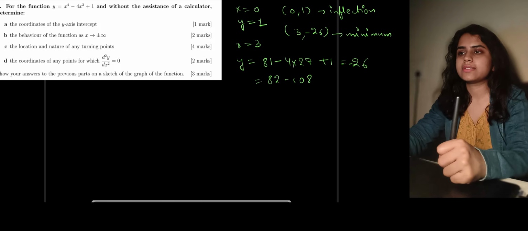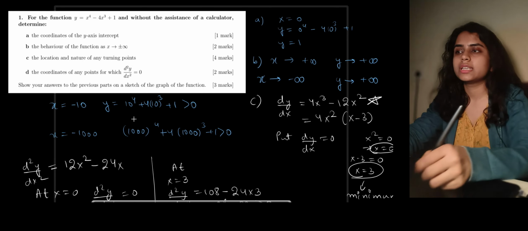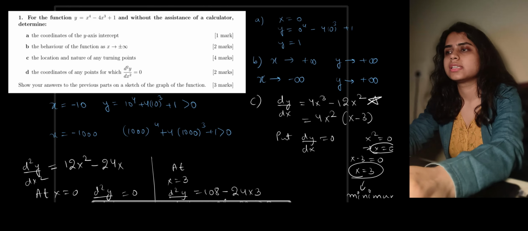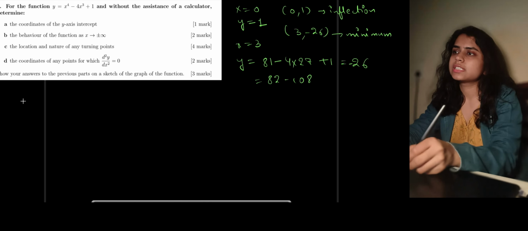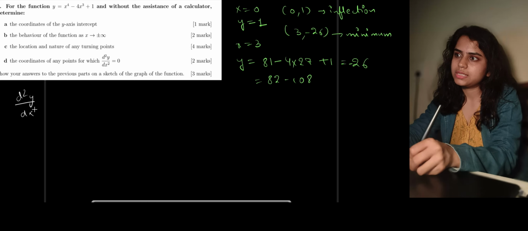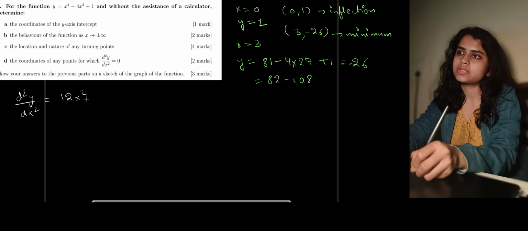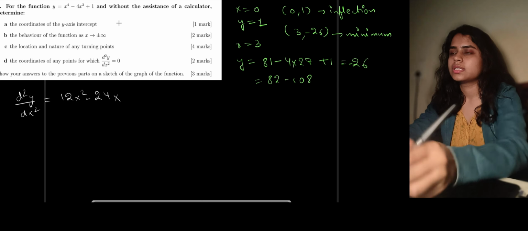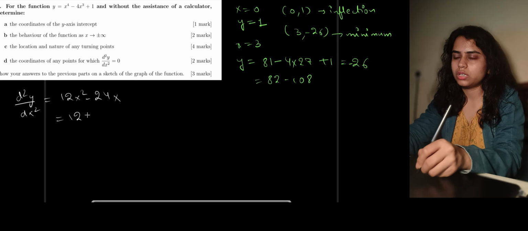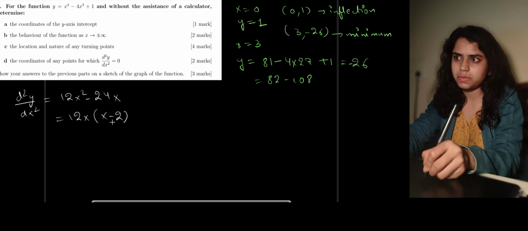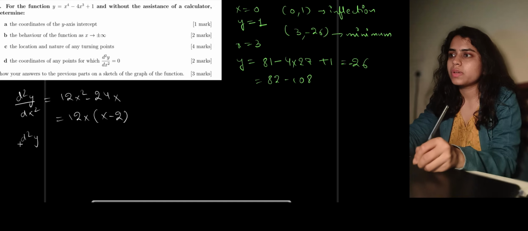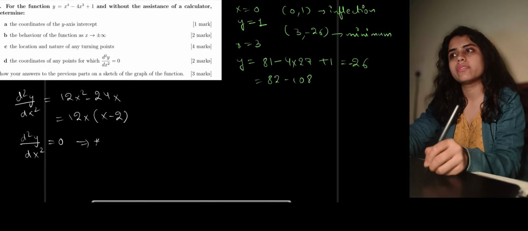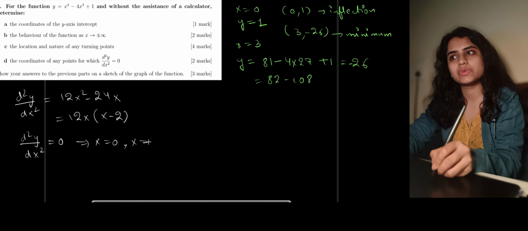Now comes your second derivative. What is your second derivative? It came out as 12x square minus 24x. If we pull out 12x, it's 12x times (x minus 2). So d square y by dx square is 0 when x is 0 or x is equal to 2.